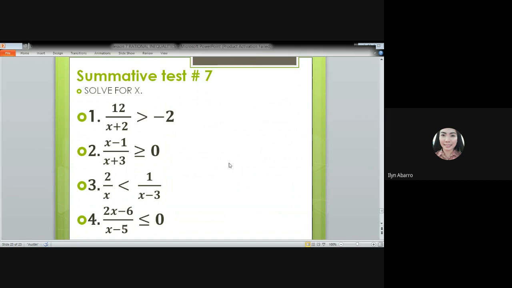Number 4, 2x minus 6 over x minus 5 is less than or equal to 0. Okay, again, you can choose where you can answer this. You can answer this through the link that I will give to you, and you can answer it on a piece of paper and then you submit it during our retrieval.